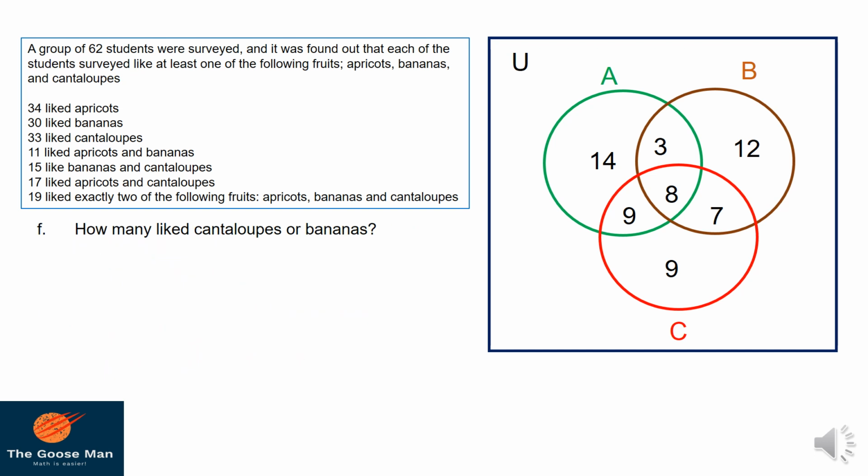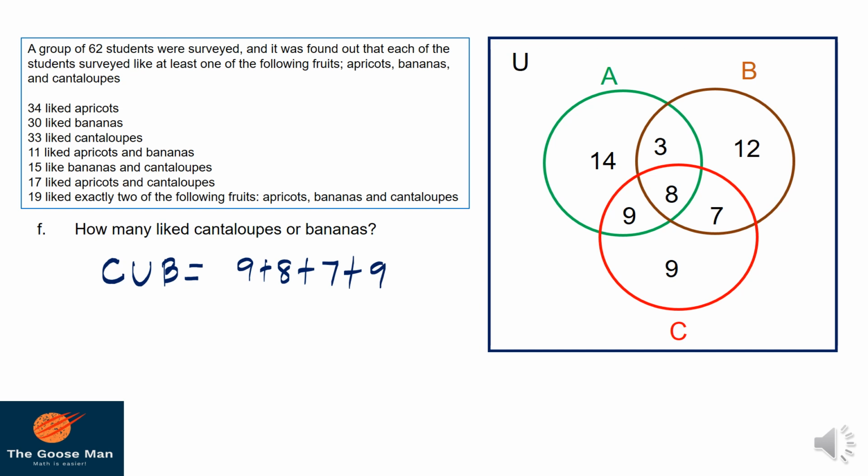Let's move on to question F. How many like cantaloupes or bananas? Again, we consult our Venn diagram. In simple terms, we have the union of cantaloupes and bananas. For the cantaloupes, we have these numbers: 9 plus 8 plus 7 plus 9.